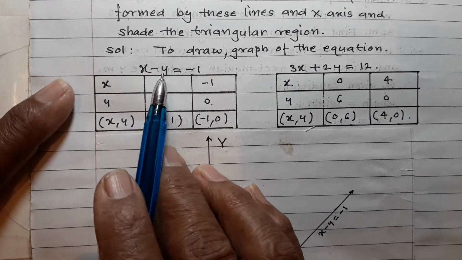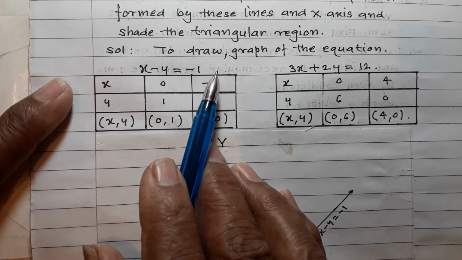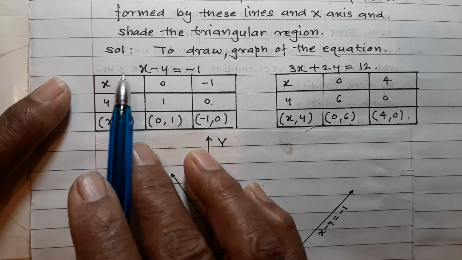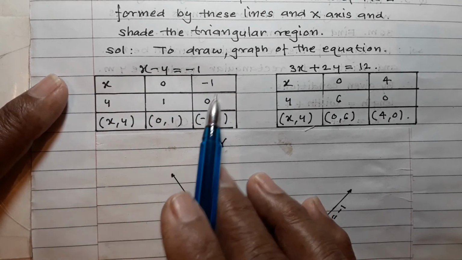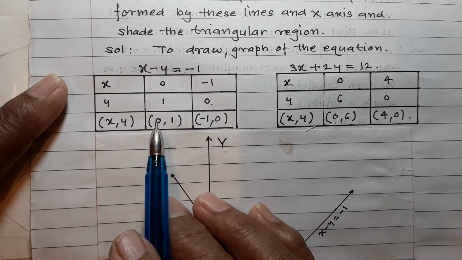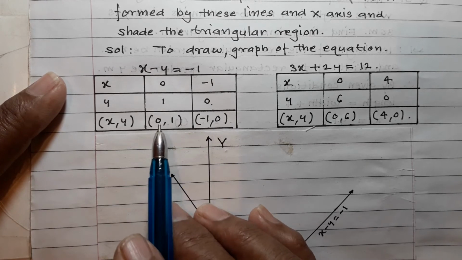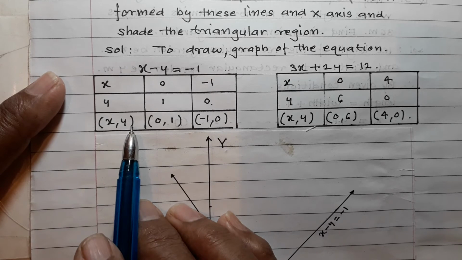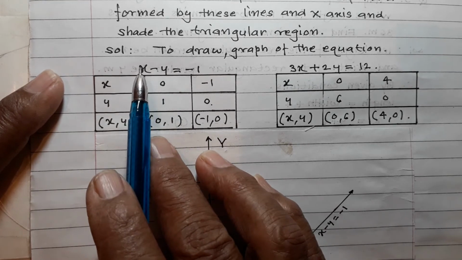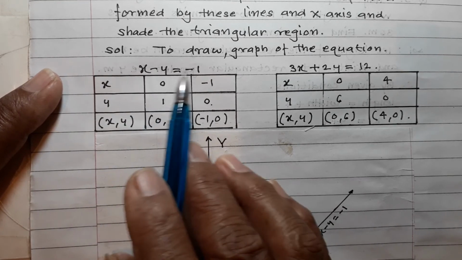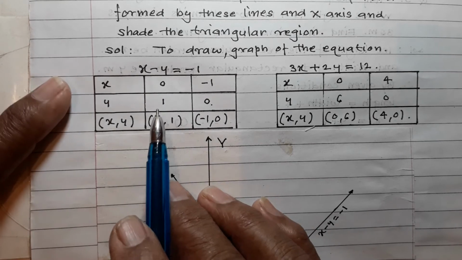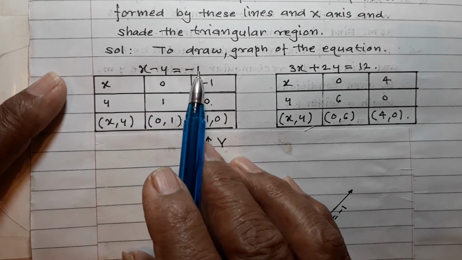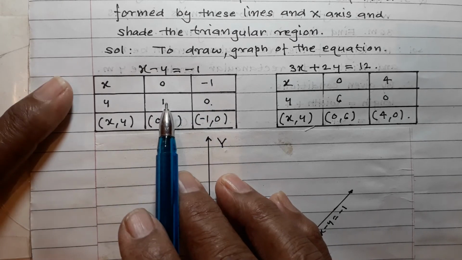x minus y is equal to minus 1. So to represent this line graphically, find the ordered pairs or coordinates. Now x, y, x comma y. Suppose if you put x is equal to 0, y is equal to 1, because minus y is equal to minus 1, therefore y is equal to 1.